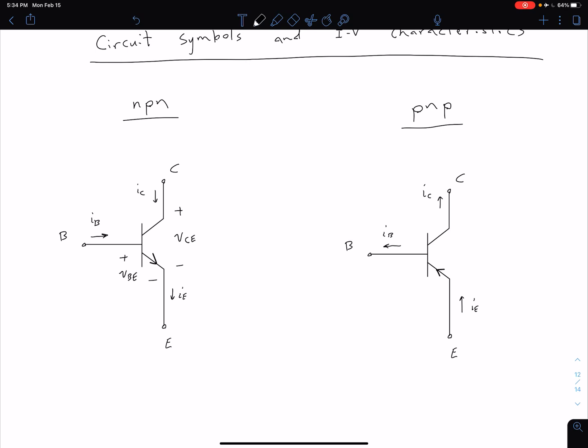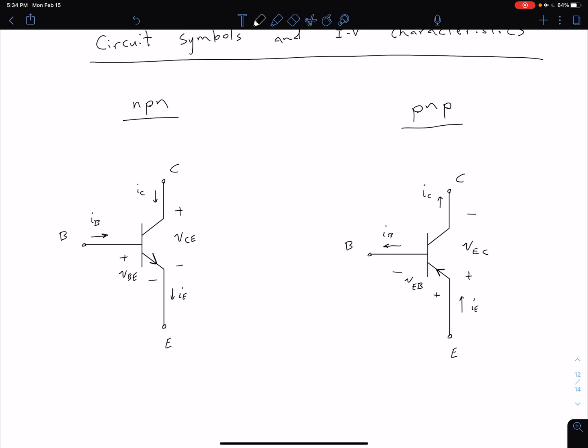Here we're concerned with our emitter-base voltage, V sub EB, and our emitter-collector voltage. You can see it's a little bit awkward to be drawing these voltages upside down, which is one reason that oftentimes you'll see this structure flipped such that the emitter is on the top and the collector is on the bottom.